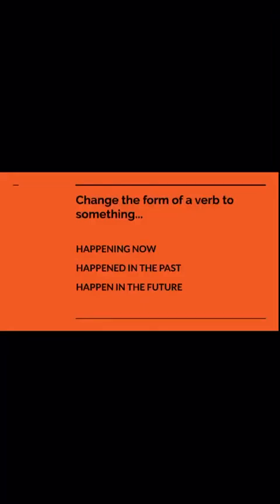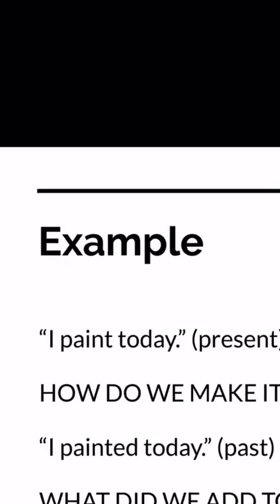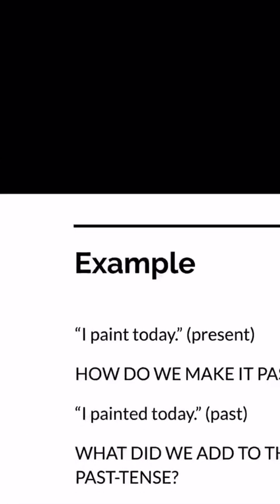We can change the form of a verb to tell whether something is happening now, happened in the past, or will happen in the future. Okay, let's look at my next slide. I did an example for you. The sentence that I gave you is, I paint today. You want to think what the verb is in the sentence. What is the verb in that sentence? Good. Paint is the verb.